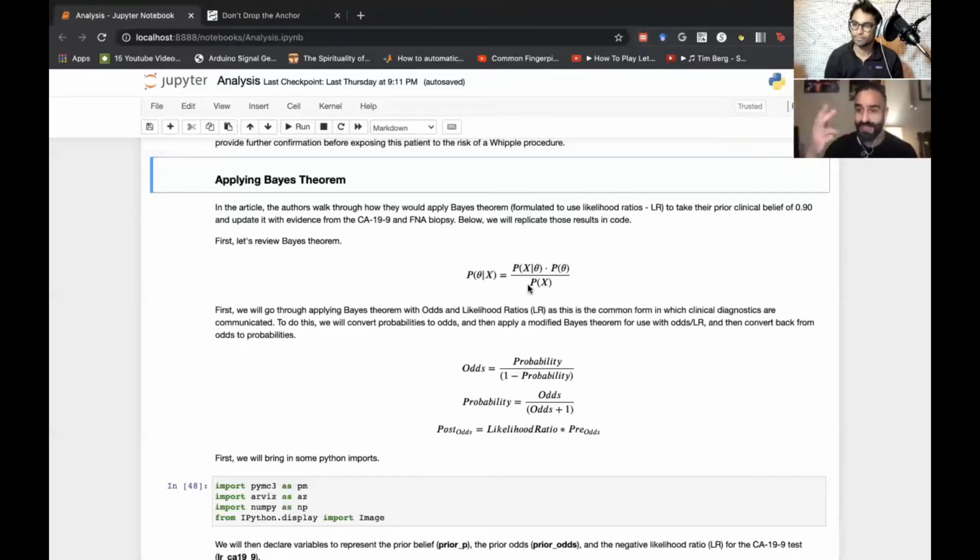In medicine, to simplify this, we look at P of X in relationship to two models, and that becomes our likelihood ratio, and that allows us to transform this into this form that uses odds instead of probabilities, and then uses a likelihood ratio instead of exactly this whole block there. Did I capture it there?